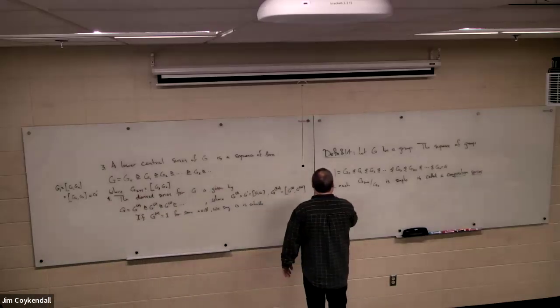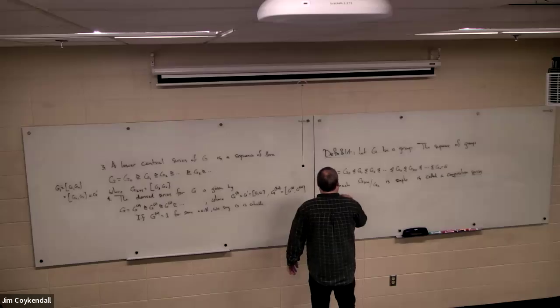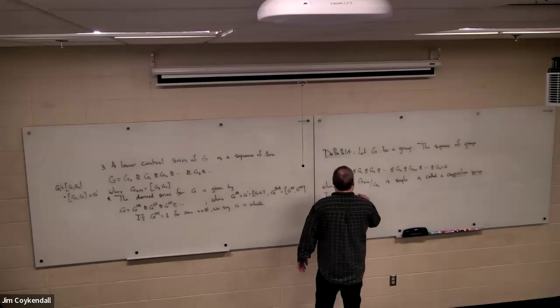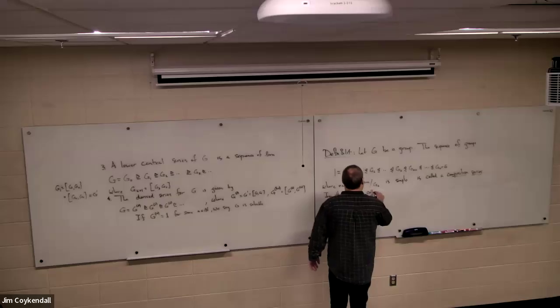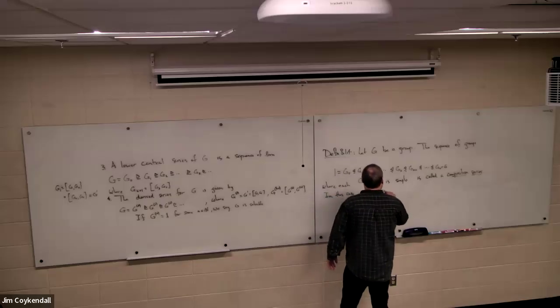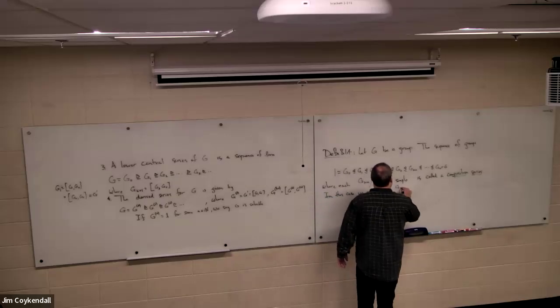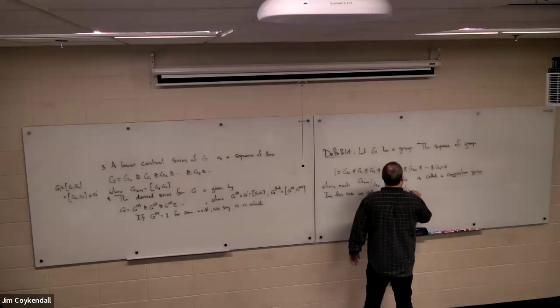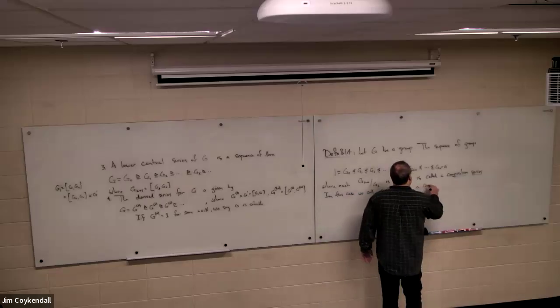In this case, we call each successive quotient, GK plus 1 mod GK, a composition factor.